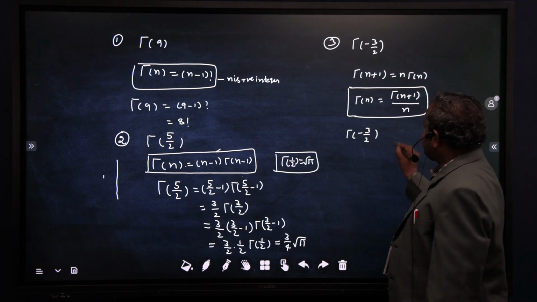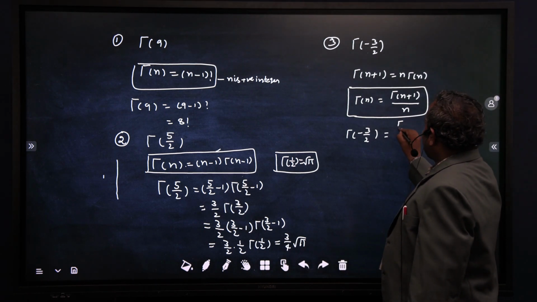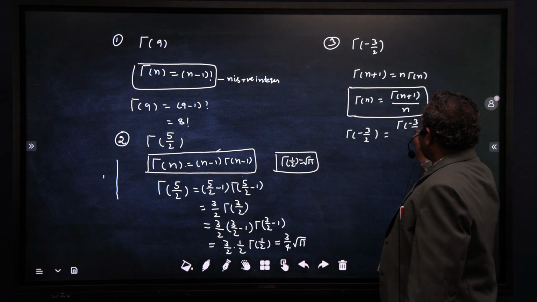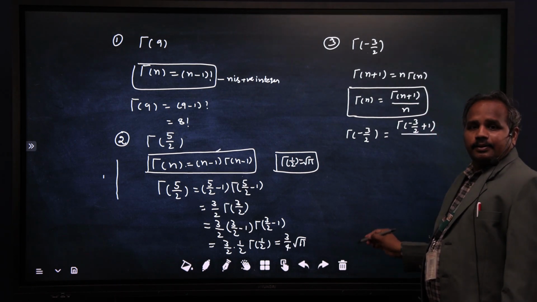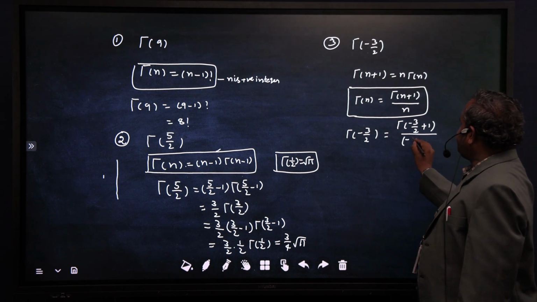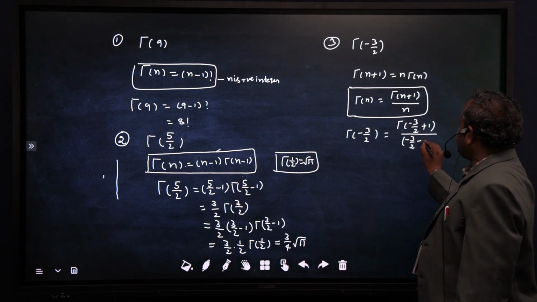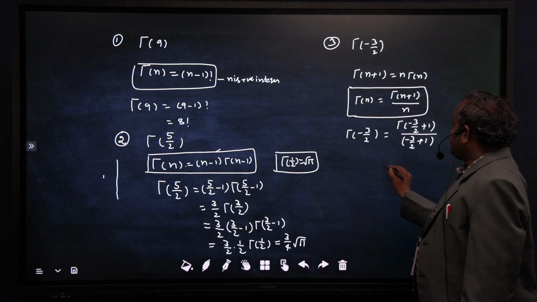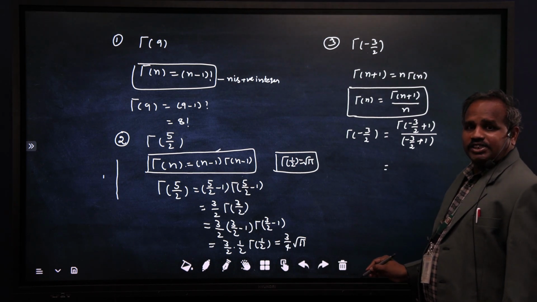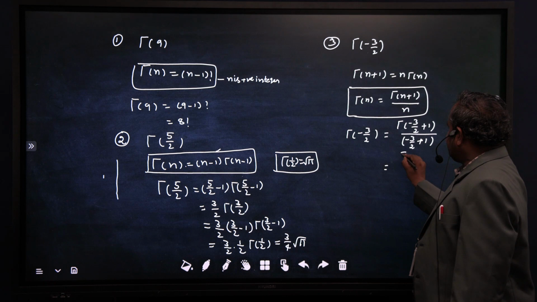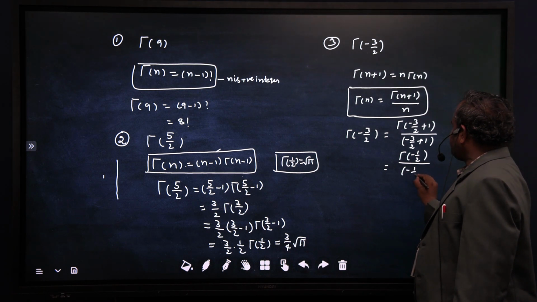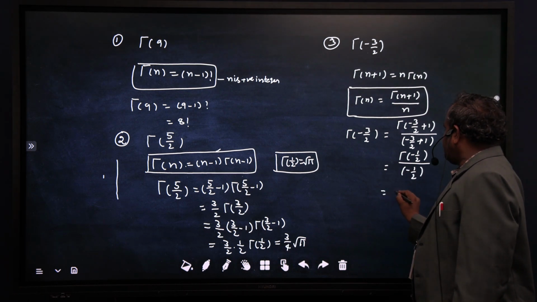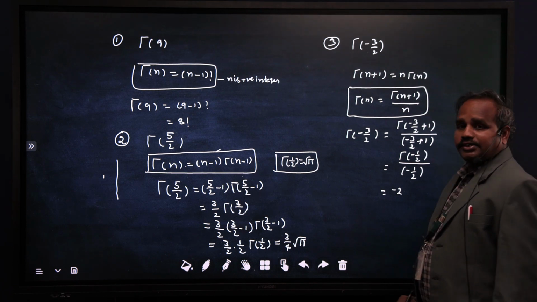Gamma of minus 3 by 2 is equal to gamma of minus 3 by 2 plus 1 by minus 3 by 2. Gamma of minus 3 by 2 plus 1 is gamma of minus 1 by 2, divided by minus 1 by 2, which changes to minus 2.